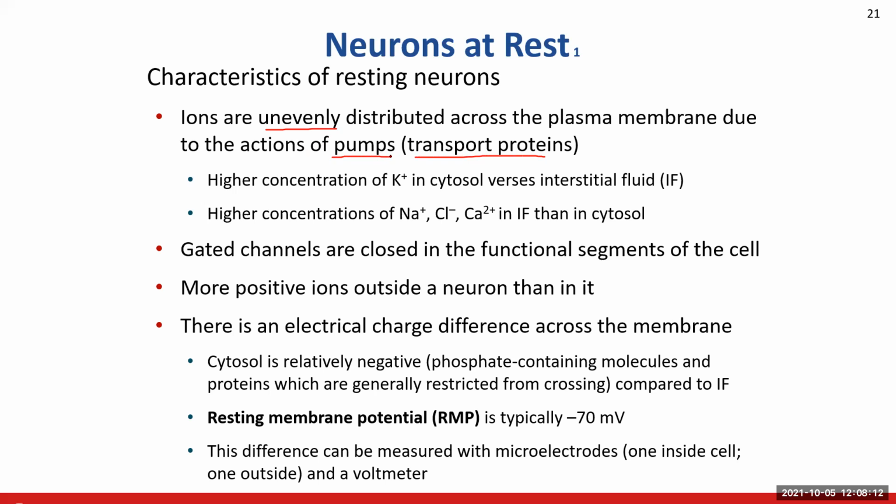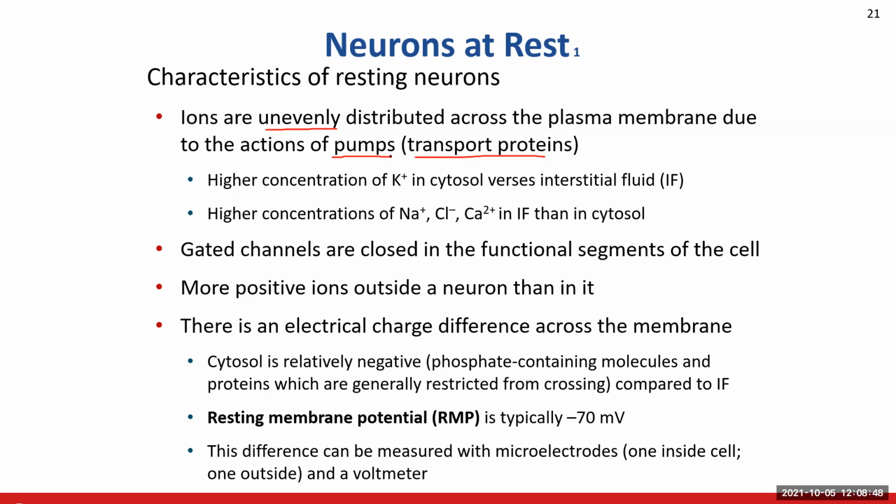Those pumps are going to make sure that we have a higher concentration of potassium in the cytosol and a lower concentration of potassium in the interstitial fluid. And vice versa, it's also going to make sure that we have higher concentrations of sodium outside the cell than inside the cell. Also, the calcium ion pump is going to make sure there's more calcium outside the cell than inside the cell. So that's what these pumps are going to do.